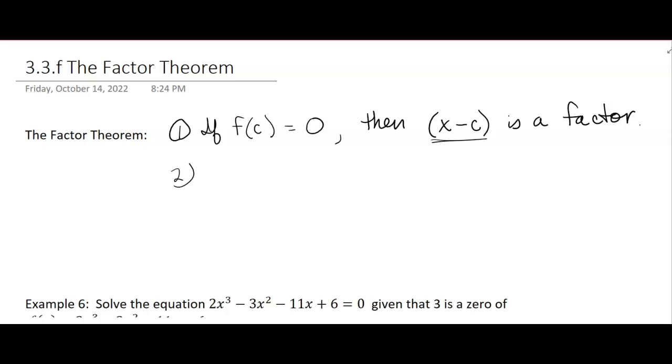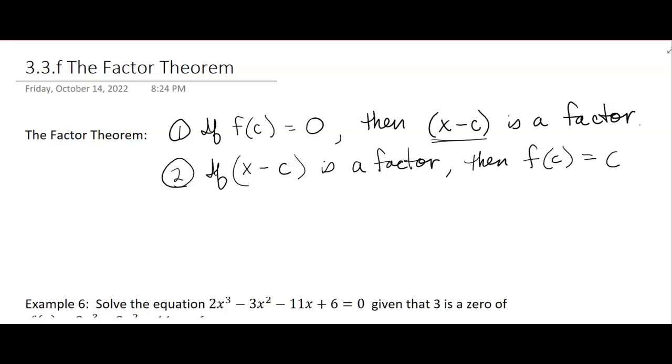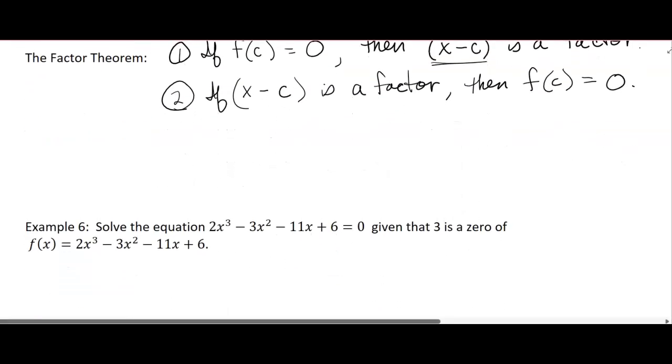The other thing says if x minus c is a factor, then f of c equals 0. So it's saying two things, just two different ways. And we're going to show you in the example how this is going to work.